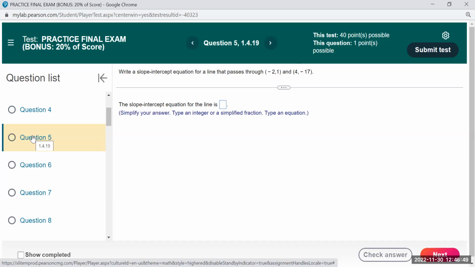Write the slope-intercept equation for the line that passes through -2, 1 and 4, -17.